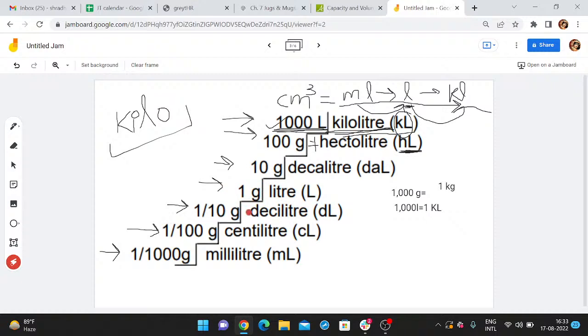Okay. Now the new term is deciliter. It is very different from decaliter, which is DAL, and deciliter here is DL. So what is a deciliter? How will we be able to write it in grams?